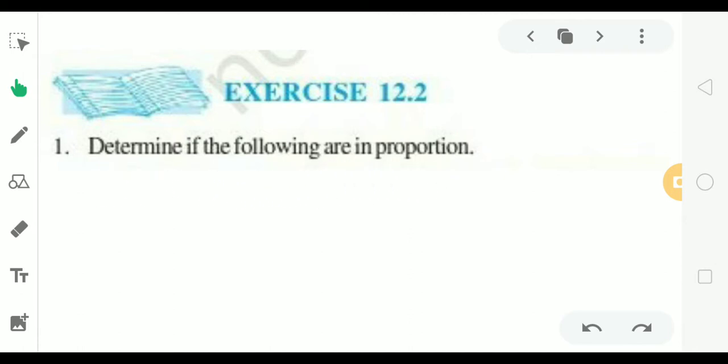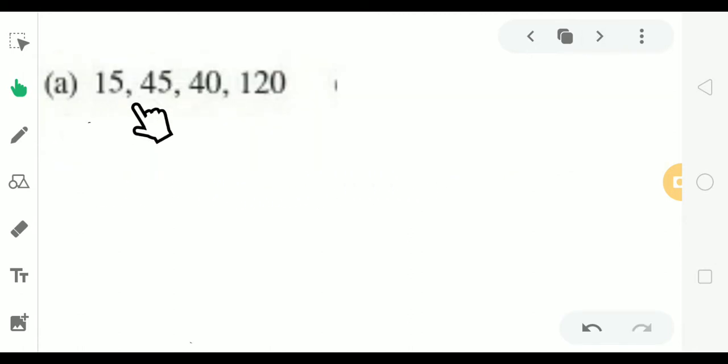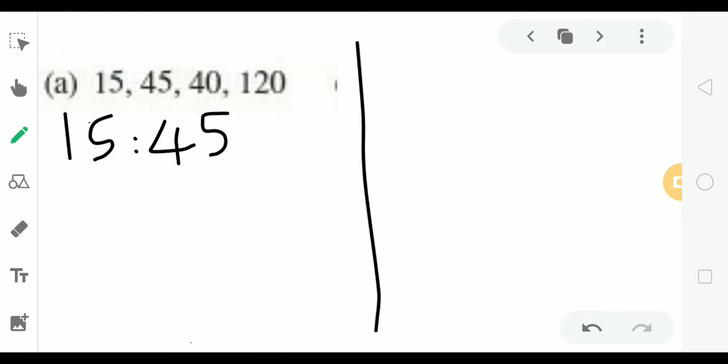Determine if the following are in proportion. Here 4 quantities are given. We will take the first 2, 15 and 45, as one ratio, and 40 and 120 as another ratio. We have to check whether these 4 quantities are in proportion.